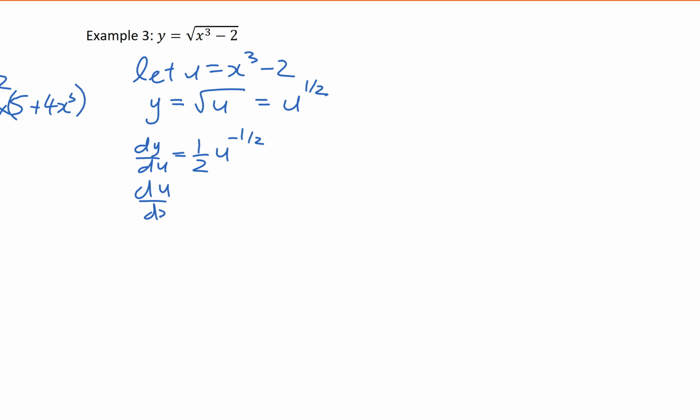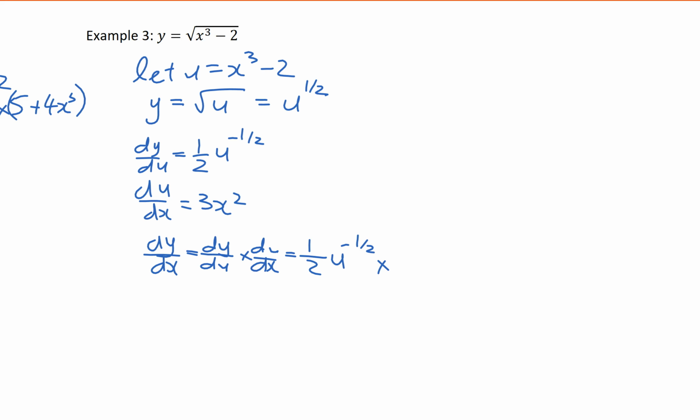Du by dx is 3x squared. Happy? So therefore dy by dx, which is dy by du times du by dx, is 1 over 2 u to the negative a half times 3x squared, which is 1 over 2 times x cubed minus 2 to the power of negative a half times 3x squared.